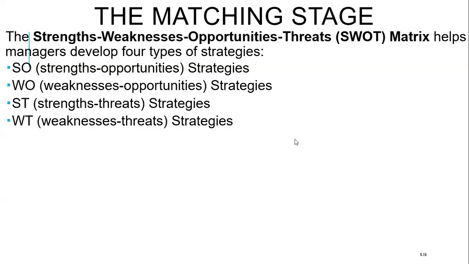And the superior production capabilities alone is a strength, which in this particular scenario will amount to a situation where an organization is relying on its strengths to counteract possible threats that exist out there.